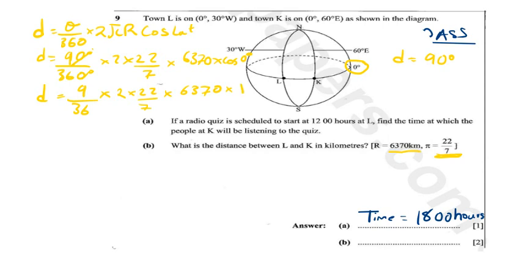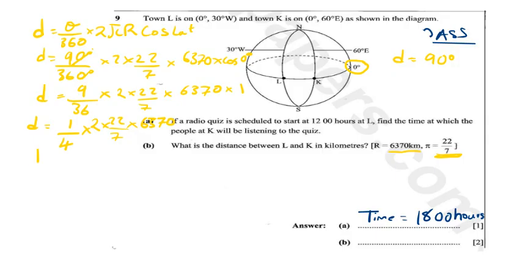So distance will be equal to, now how many times can 9 enter into 36? 4 times, right? So you're going to have 1 over 4 multiplied by 2 multiplied by 22 over 7 multiplied by 6370.